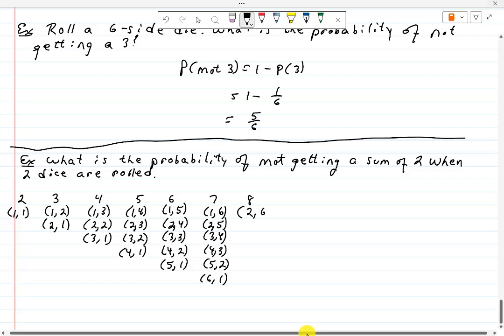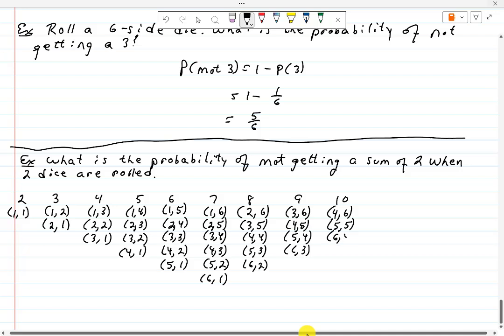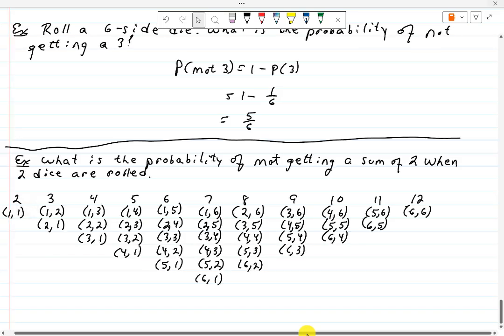I instead have to start at 2, 6, 3, 5, 4, 4, 5, 3, 6, 2. 9, 3, 6, 4, 5, 5, 4, 6, 3. 10, 4, 6, 5, 5, 6, 4. 11, 5, 6, and 6, 5. 12, 6, and 6.